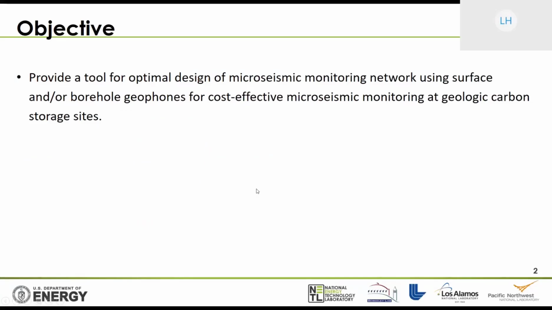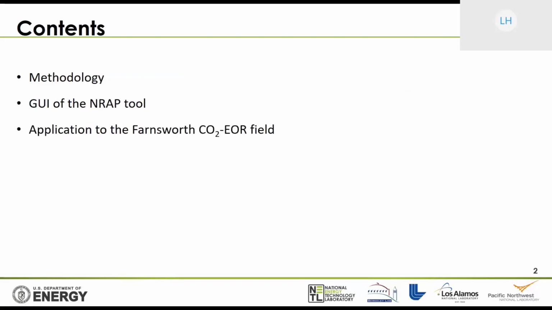The objective of this tool is to provide a tool for optimal design of the microseismic monitoring network using either surface and/or borehole geophones for cost-effective microseismic monitoring at your geological carbon storage site. Basically, we try to provide a tool that can quickly run on the desktop and give you an idea what you need for monitoring a geological storage site.